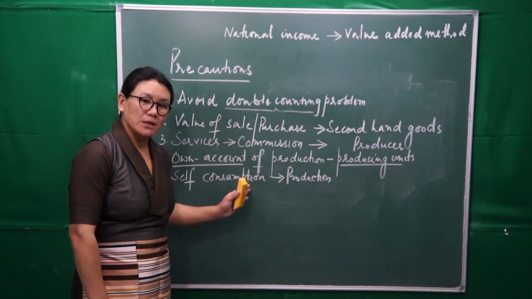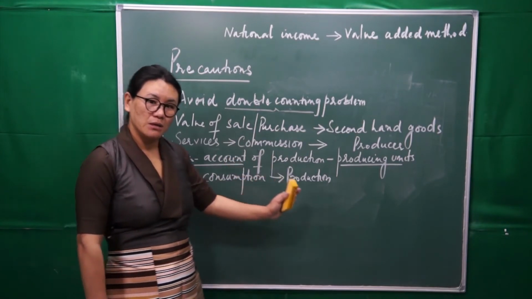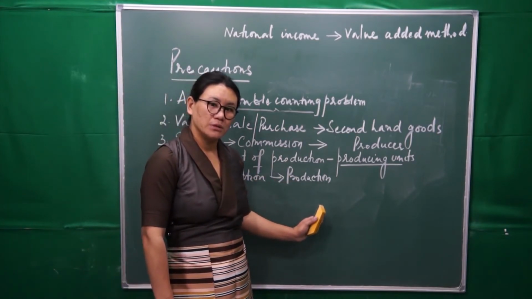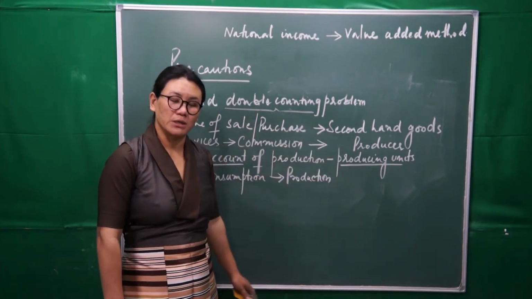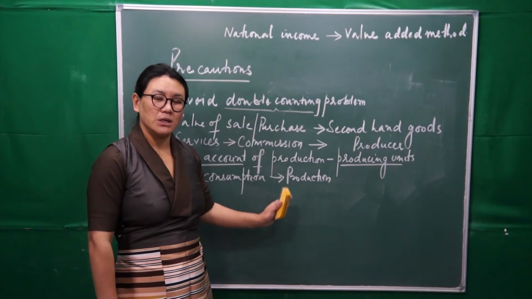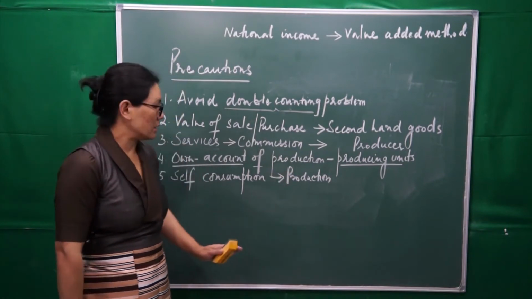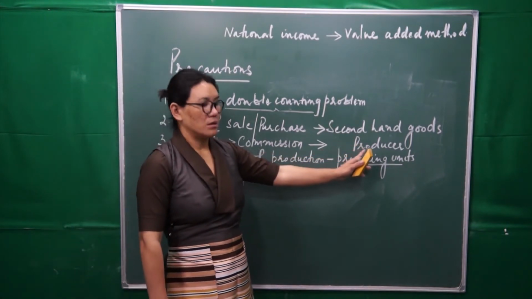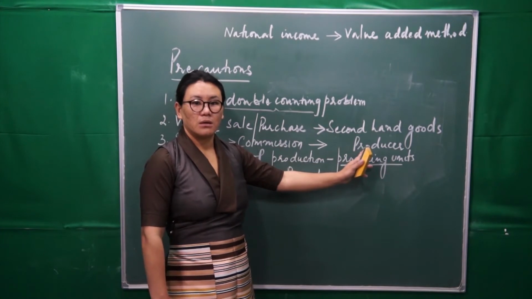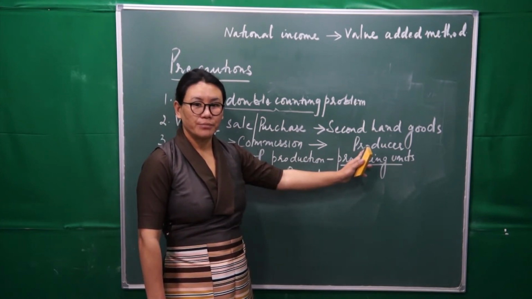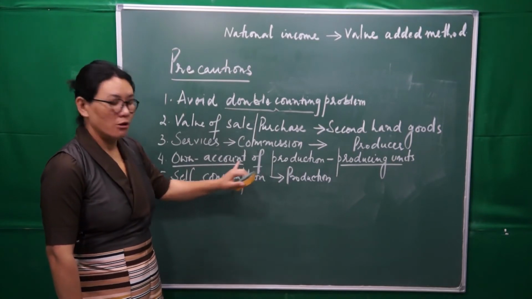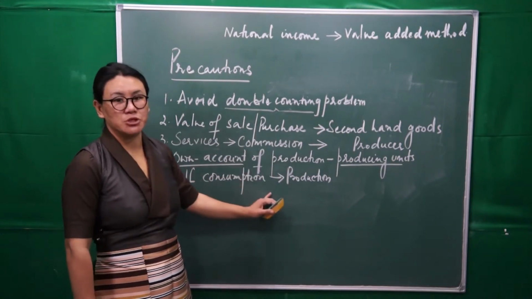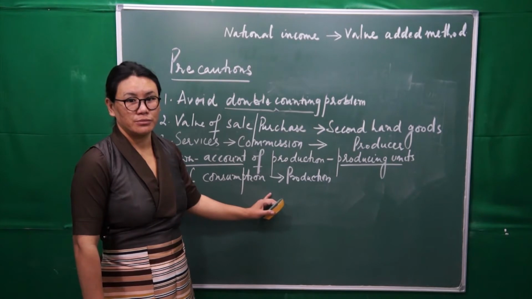If production is taking place, then it has market value, even if it is not sold in the market, even if it is used by the producer for his own self-consumption. Okay?